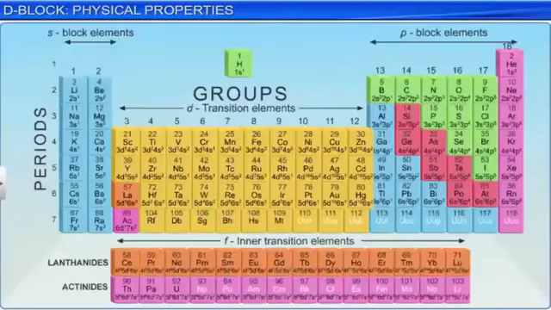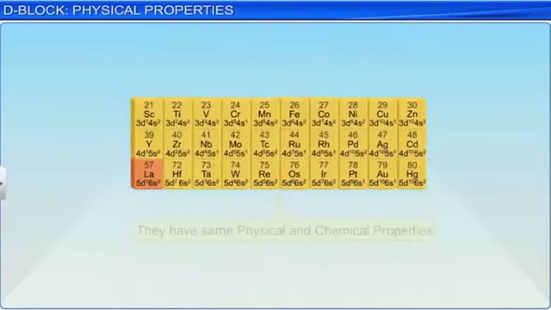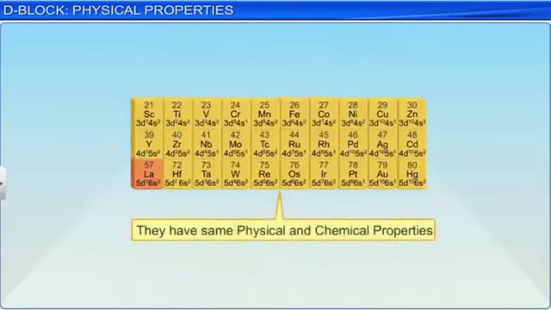The electronic configurations of the d block elements differ only in the number of electrons in the d orbitals of the penultimate shell, while the number of electrons in the valence shell remains the same. Thus, they have many physical and chemical properties in common.